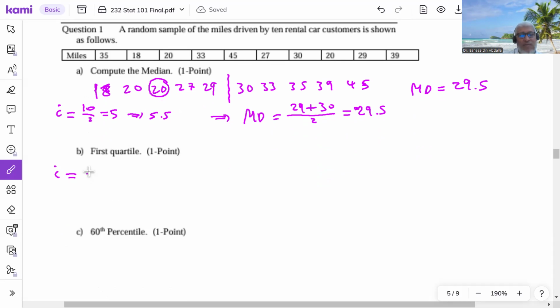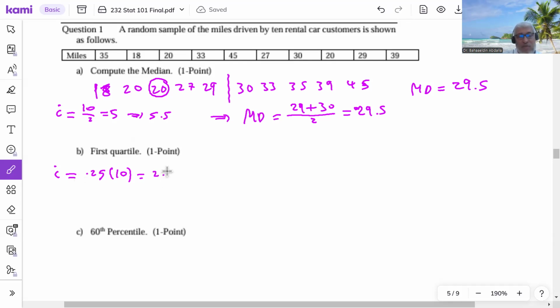So I multiply p, 25%, times n. So I have 0.25 times n, which is of course 10 over 4, 2.5, and yes, it is 2.5.